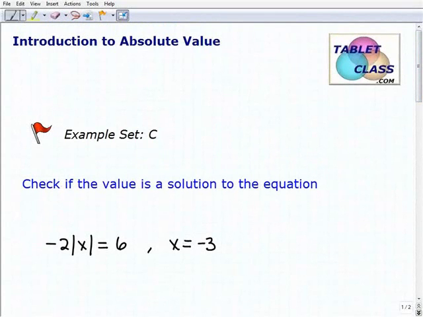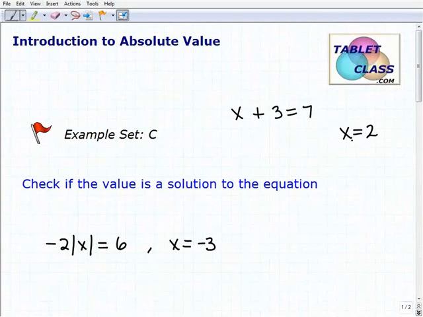But in order to check if a value is a solution to an equation, let's review a really basic equation for a second. If I had, say, x plus 3 equals 7, and I ask you to check if the value x equals 2 is a solution to this equation, what would you do?